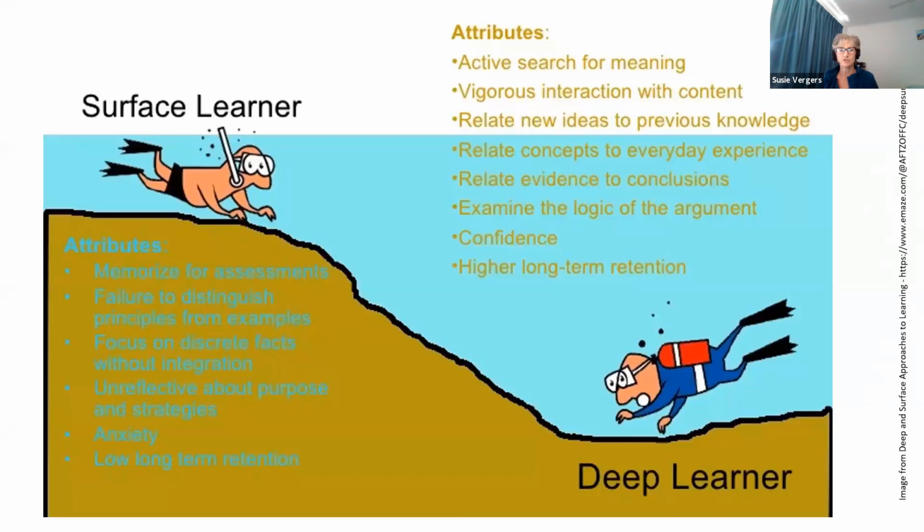It's actually really important. The challenge is when people stay at that level of surface learning, when they just memorize for an assessment and aren't then actively involved in taking that deeper, such as actively searching for meaning or relating that knowledge to something they've done previously or to something that is connected to their discipline, to the profession that they're moving into, that they're not engaging with critical thinking to determine whether or not there's a logic of argument to that information.